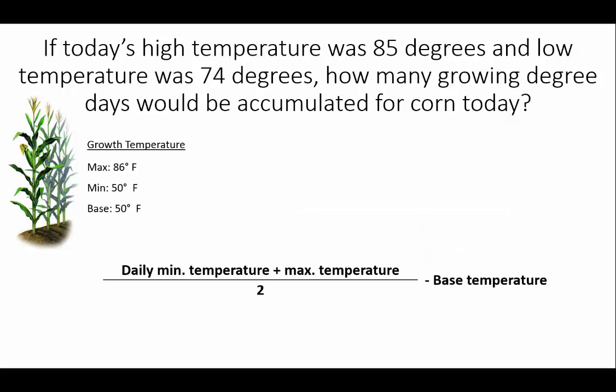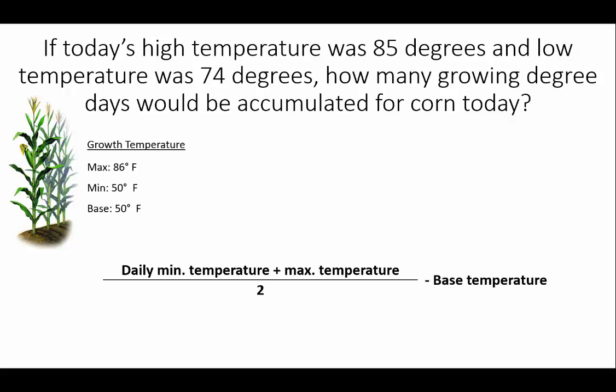So let's try using our equation. Daily minimum temperature plus maximum temperature divided by 2, so we're finding the average temperature for the day that contributes to growth, minus the base temperature. Every crop and insect will have a specific base temperature to use for the growing degree day equation.